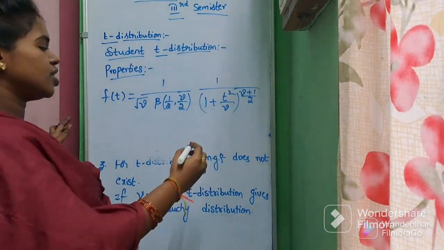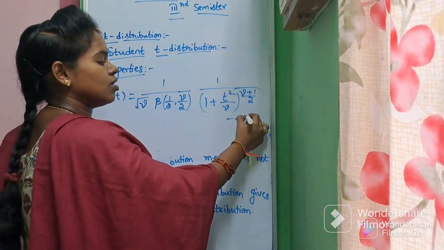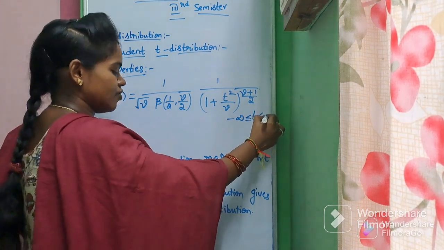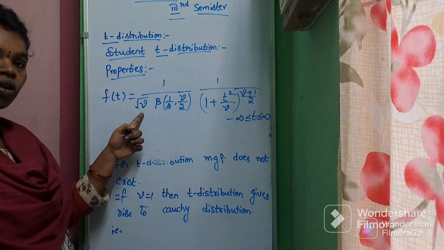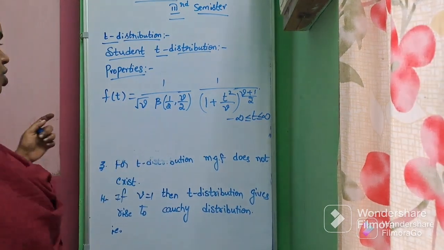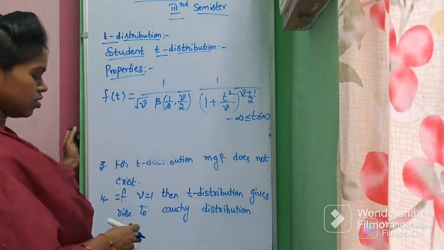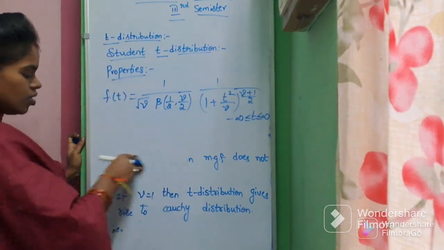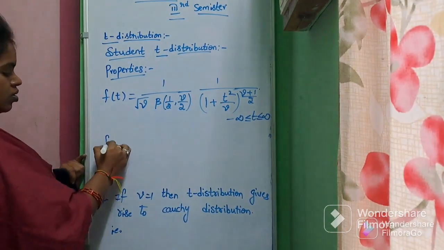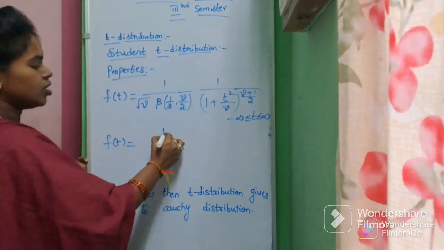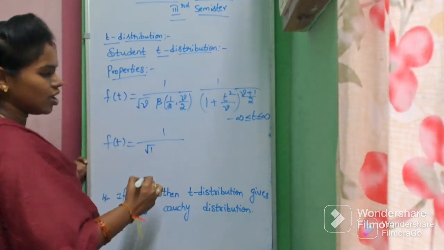This is our student t distribution formula. If we keep nu equal to 1 in place of this, the t distribution changes. Here f of t equal to 1 by root 1.